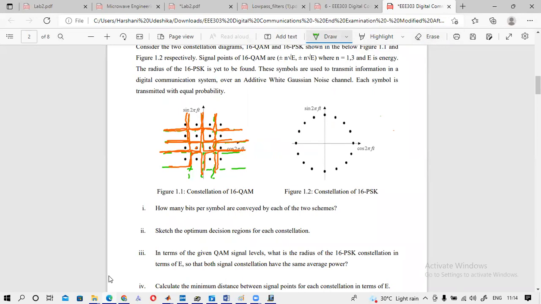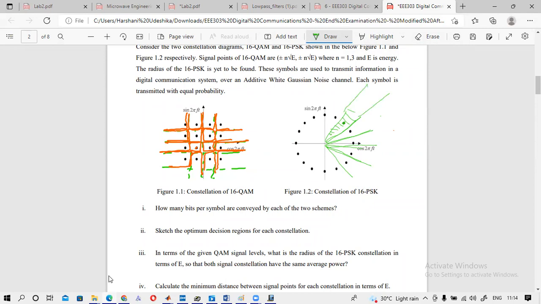If you consider this symbol, this kind of decision region you will have. This symbol, this kind of decision region you will have. For this symbol, this kind of decision region you will have. And for this signal, this will be the decision region, like this.